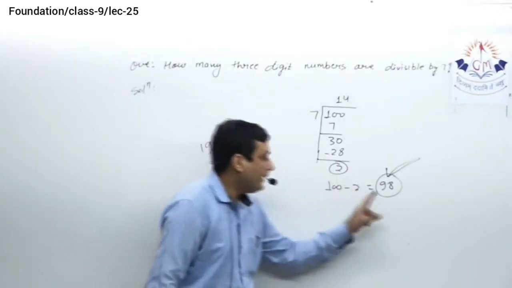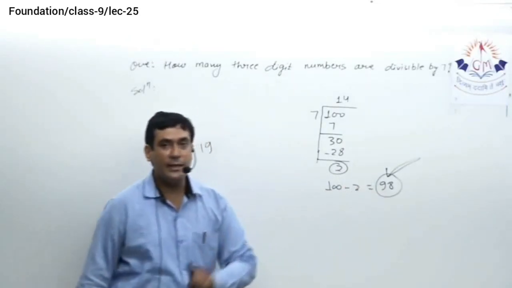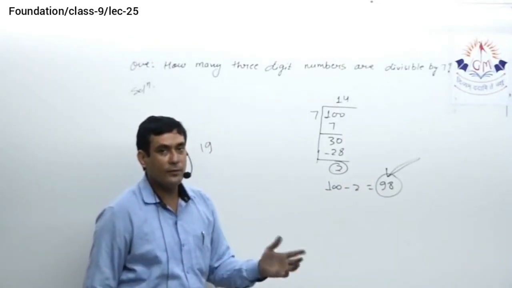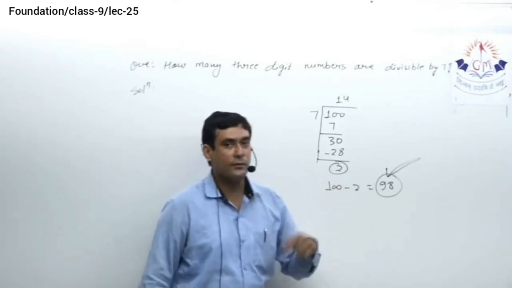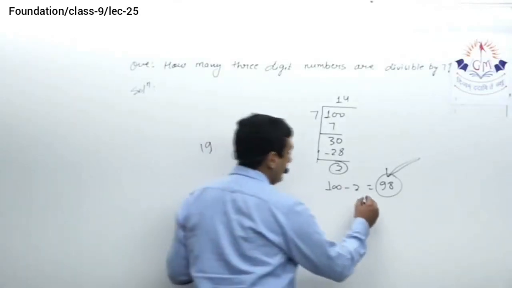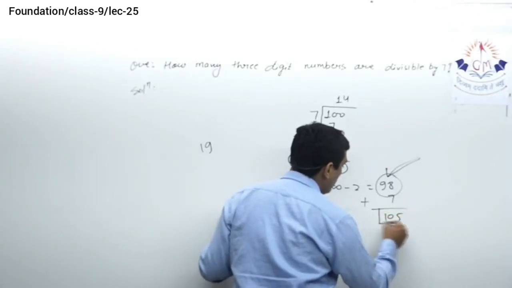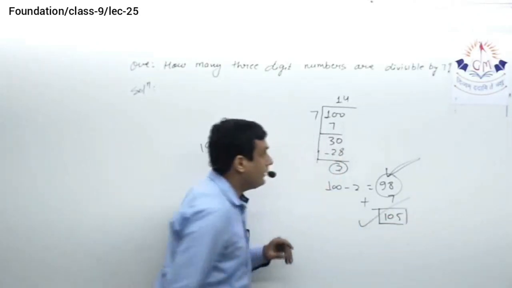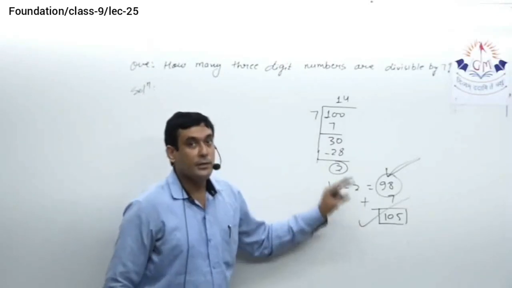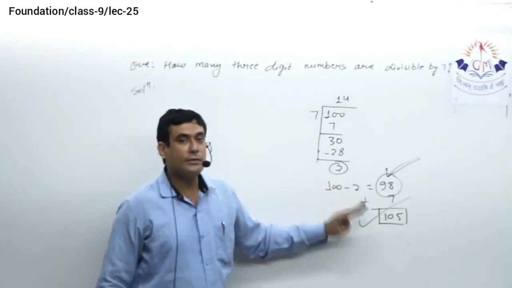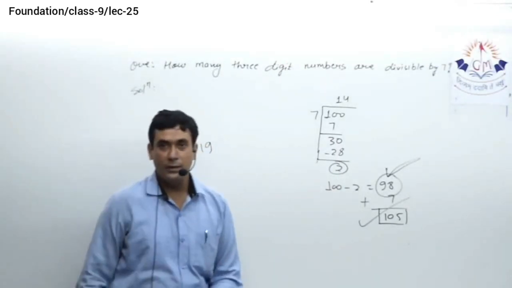Similarly, if I add 7 over here, I will get the next number which is divisible by 7. So 98 plus 7 is 105. So this 105 is the first 3-digit number which is divisible by 7, isn't it?